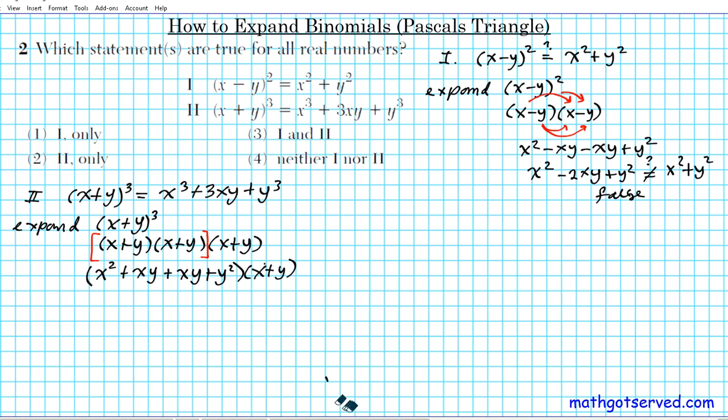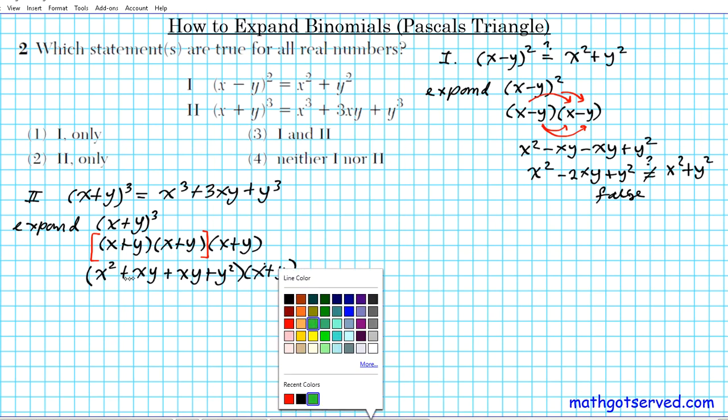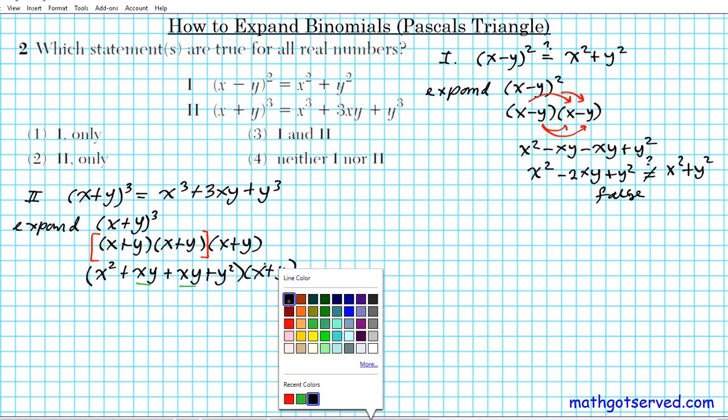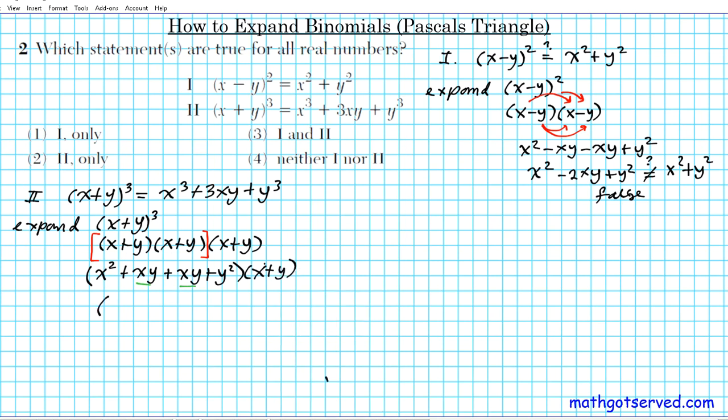Then we can combine the middle terms, positive xy and positive xy. When we combine those, we have x squared plus 2xy plus y squared times x plus y. Now we're going to multiply this trinomial with this binomial.